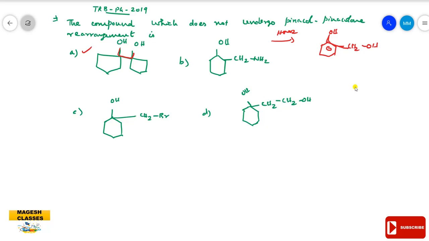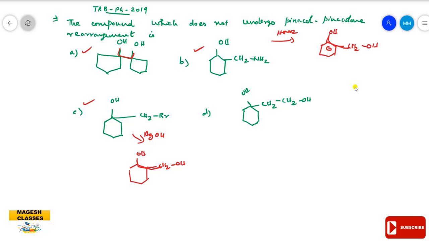And so you have the diol system. So this compound exhibits Pinacol-Pinacolone rearrangement. When this compound is first treated with AgOH, it will be converted into this OH and here CH2OH. Again we get the diol system.